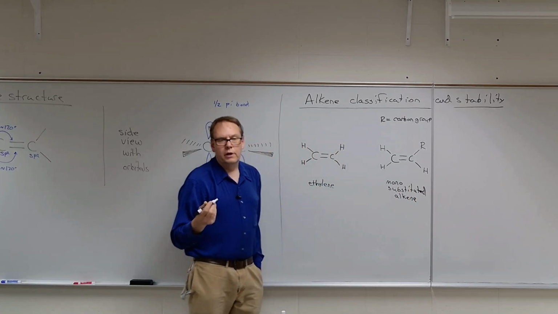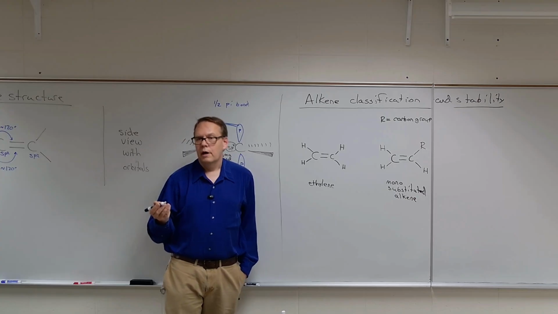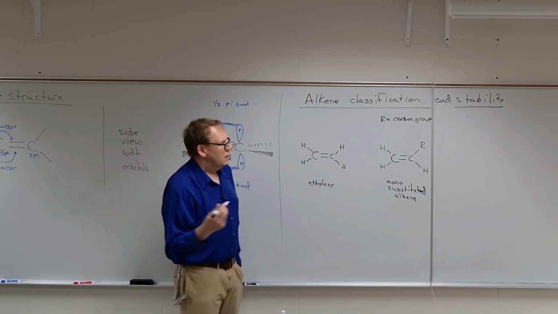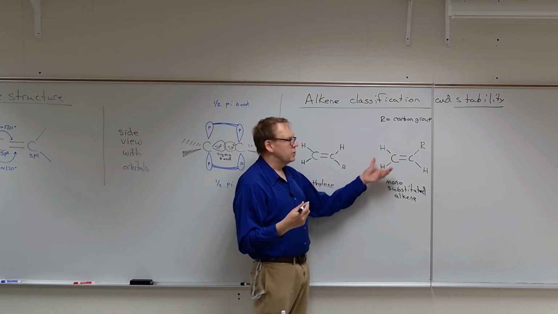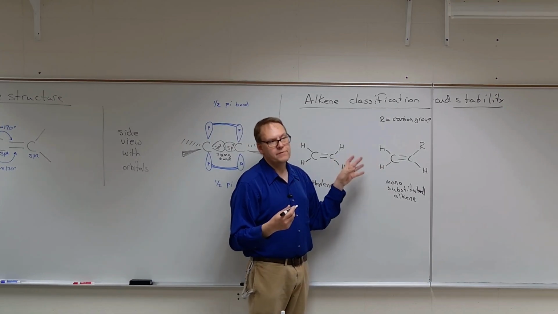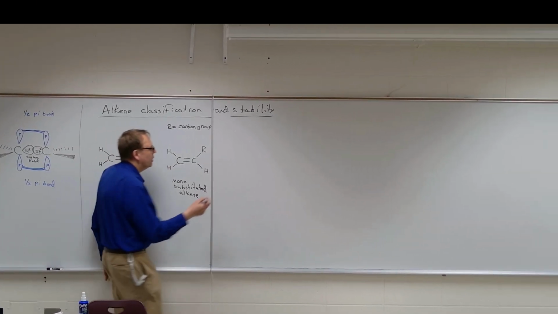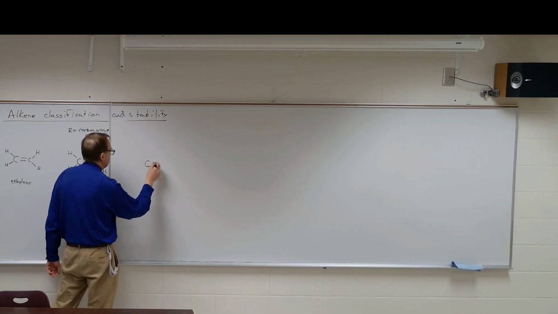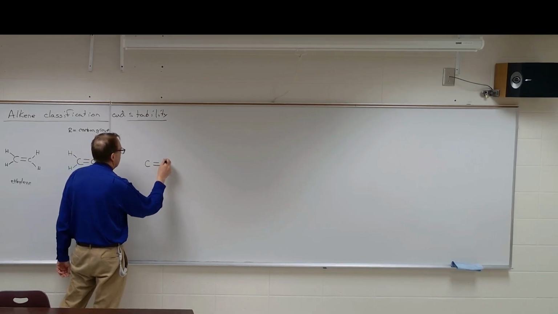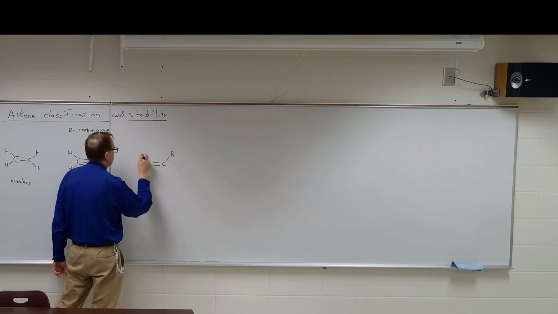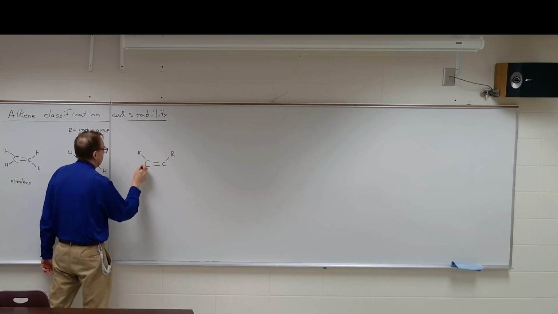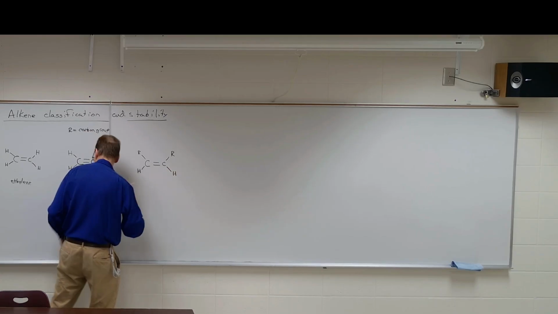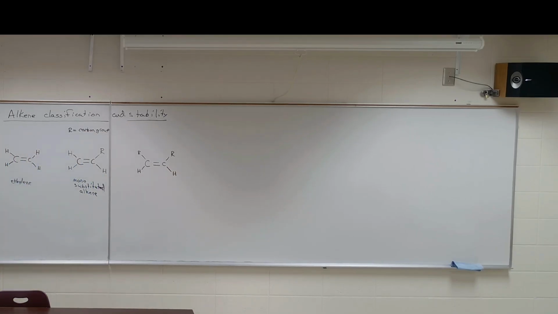Then if you put another carbon group on, you can do that actually 3 different ways. So when you put a second carbon group on a double bond, there's several different ways to do it. One way to do it is to put the 2 groups on the same side of the double bond if you imagine the double bond being sliced in half lengthwise.